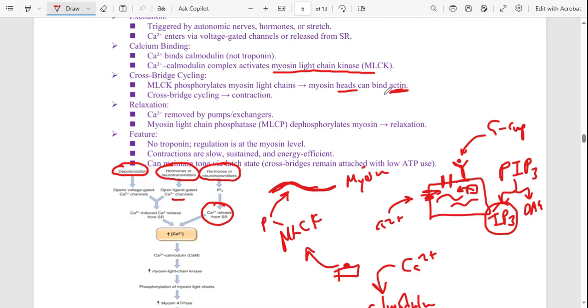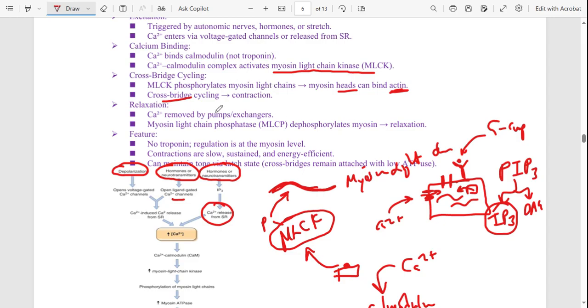So what causes the binding of the myosin head to the actin is the phosphorylation of the myosin. Remember, this was the myosin light chain kinase. A kinase is an enzyme that adds a phosphate. So it's adding a phosphate to the myosin light chain. Once a phosphate is added, it can bind to actin, and then the cross-bridge cycling is going to happen, which causes contraction.